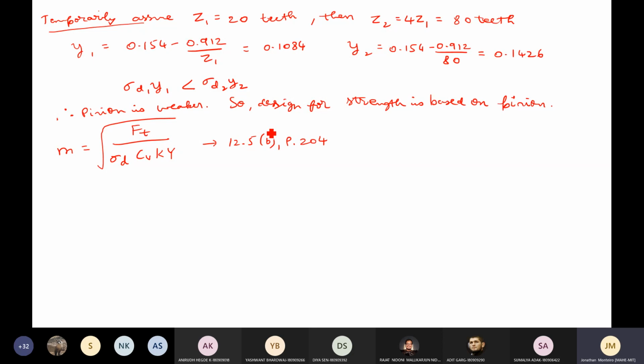You can do one more thing here. You can square on both the sides. You can write m square is equal to Ft by sigma d Cv K Y.